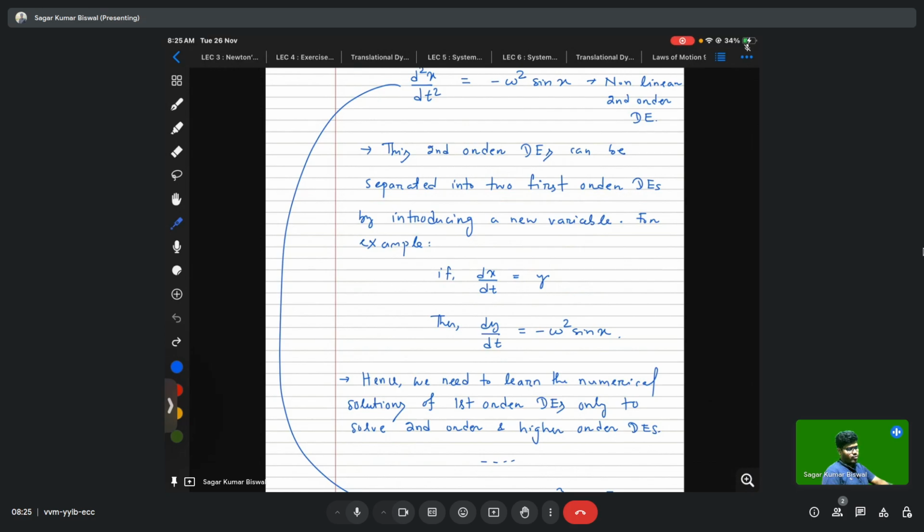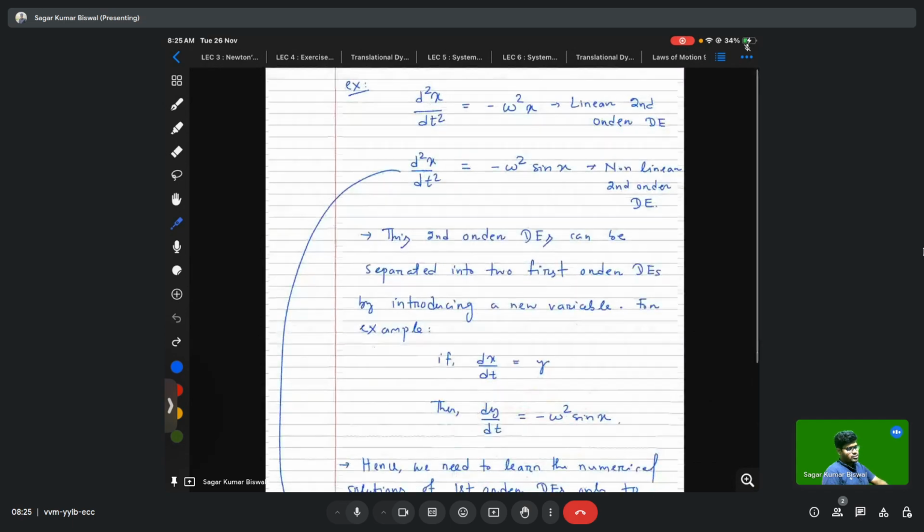Introduce a new variable y. So if you write this dx by dt as y, then what will be the double derivative of it? It will be just dy by dt, right? So then this dy by dt will become minus omega square sin x, right?